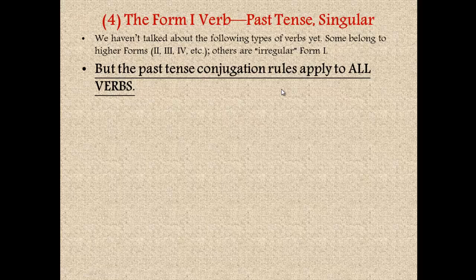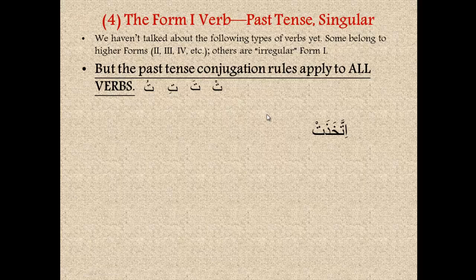So if you add a ta with the sakina to the end of a past tense verb, you're conjugating for hiya. If you add ta maftuha, a ta with a fatha, to the end of a verb, you're conjugating for anta. If you add a t, you're conjugating for anti. And if you add a tu, you're conjugating for ana.